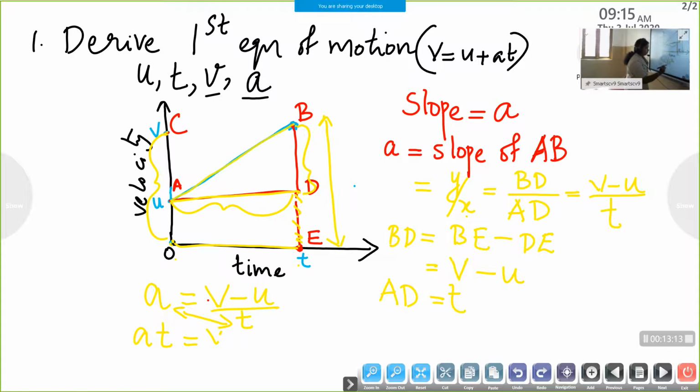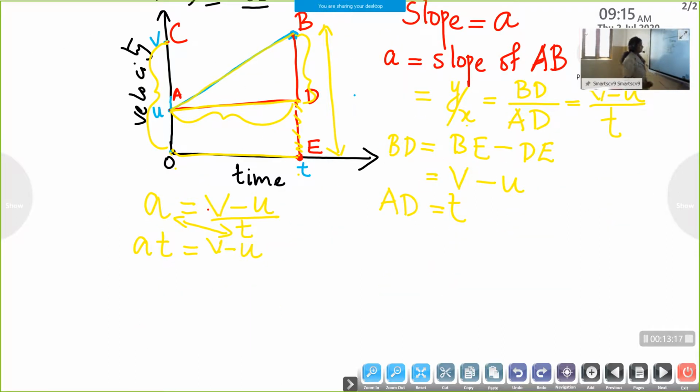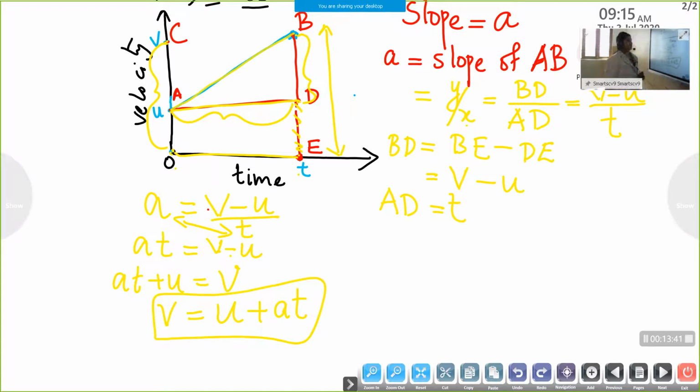AT is equal to V minus U, and taking minus U to this side, it becomes AT plus U, that is equal to V. So I am going to write it like this: V is equal to U plus AT. So we got the equation, that is the velocity-time relation.